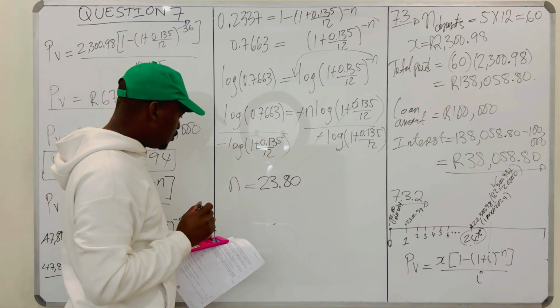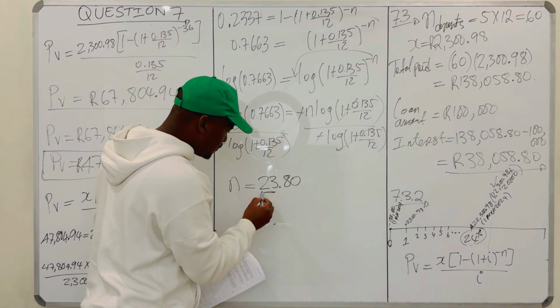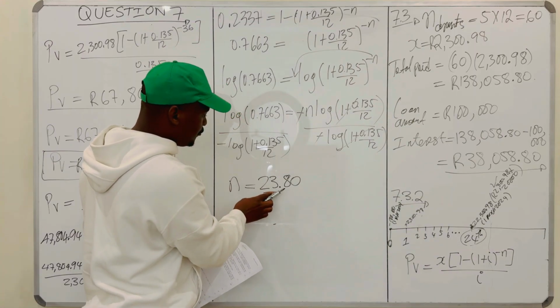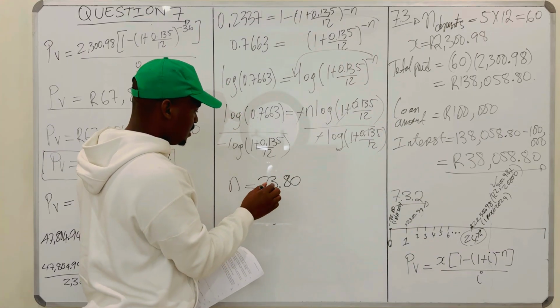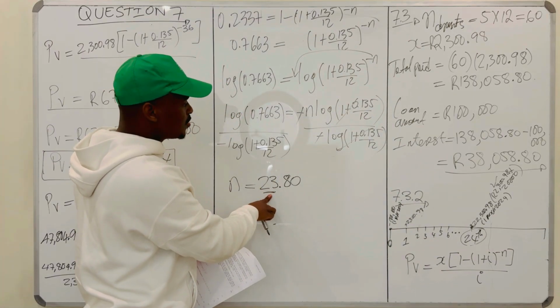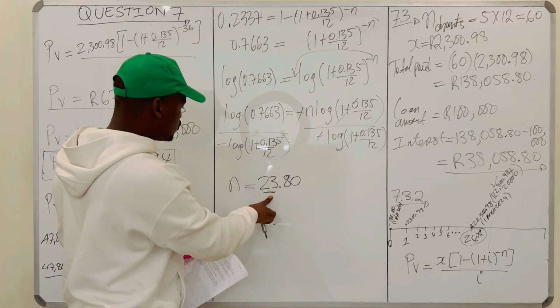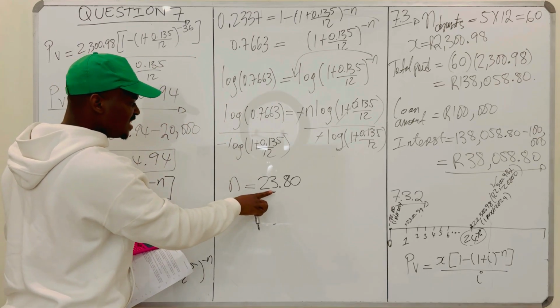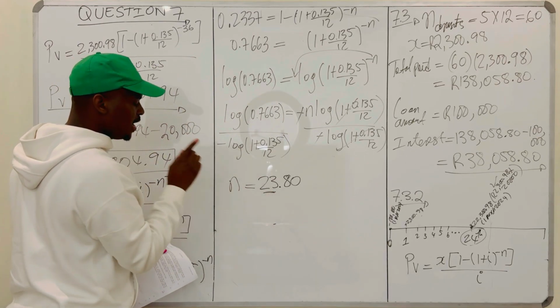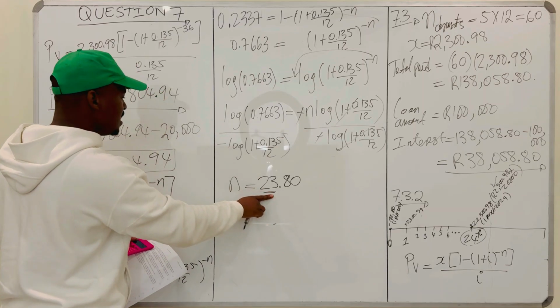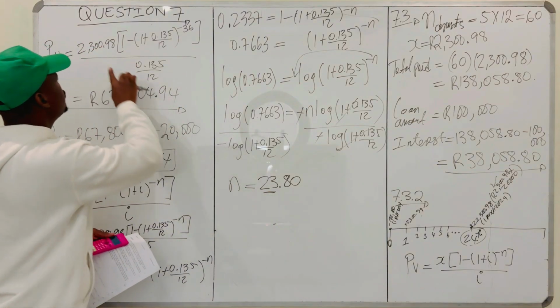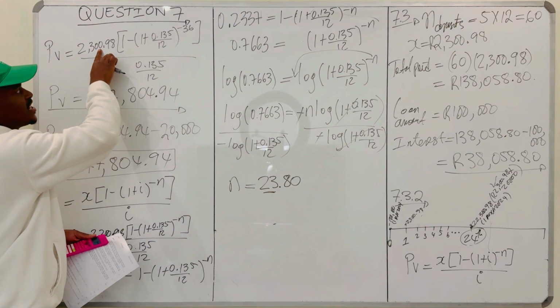So, if you look here, we have a full 23. This number, this 23, is telling you that this person will have to make 23 full payments of 2,300 rands 98 cents.